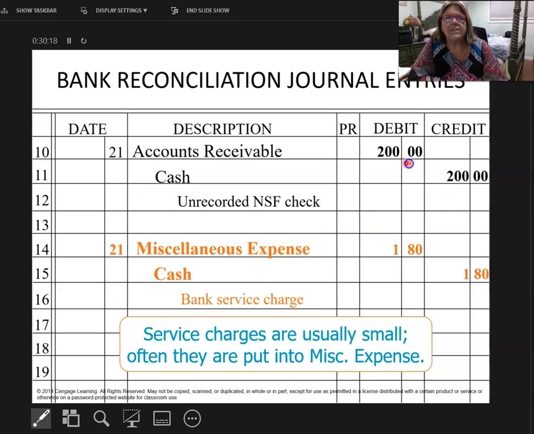Credit the cash, debit accounts receivable, because the customer now owes you the money. Here's my $1.80, okay? So basically by doing these journal entries, you will actually be able to now have your accounts match.